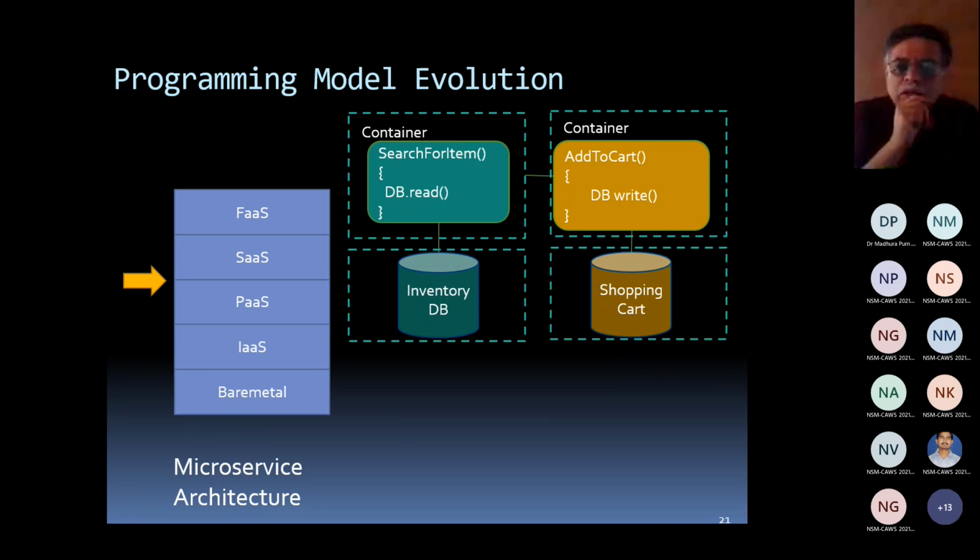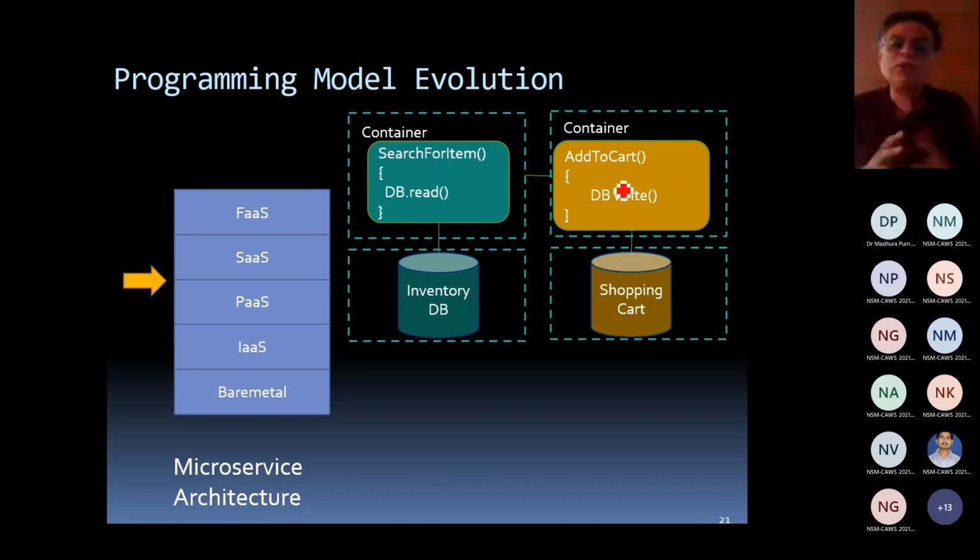In the microservice model, the two functions, one looking for an inventory and the other one cart management, now move to different containers. You implement it as part of a container. This gives you isolation for this application. You have another application here which is just handling the cart part of it. That moves to a different container.